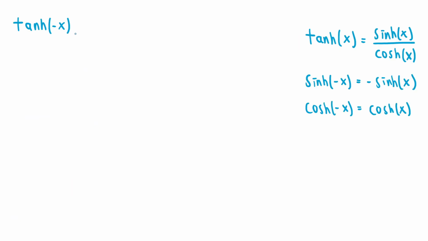So to prove tanh of negative x equals negative tanh of x, we need to use the definition of tanh of x involving sinh of x and cosh of x. If we start with tanh of negative x, this is just equal to sinh of negative x over cosh of negative x. Well, the numerator, sinh of negative x, is just equal to negative sinh of x using the identity we just proved earlier.